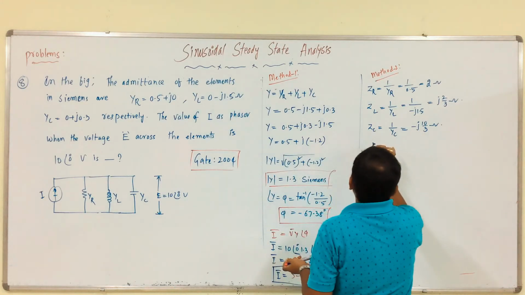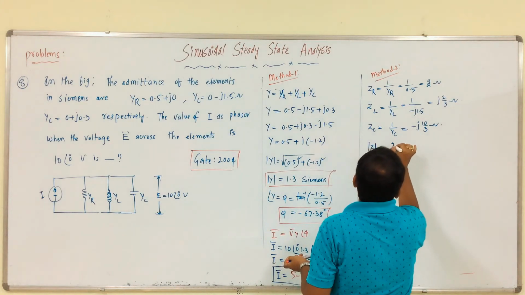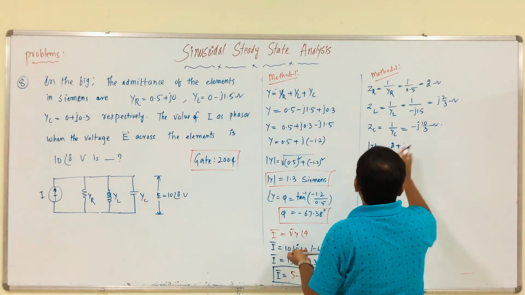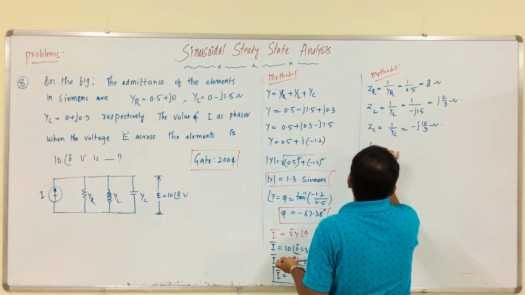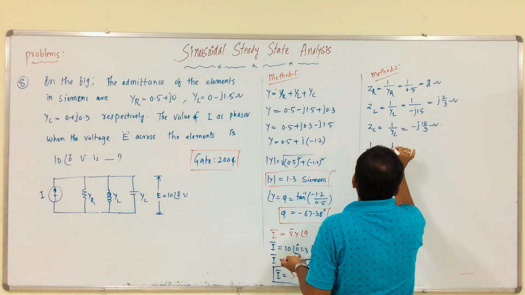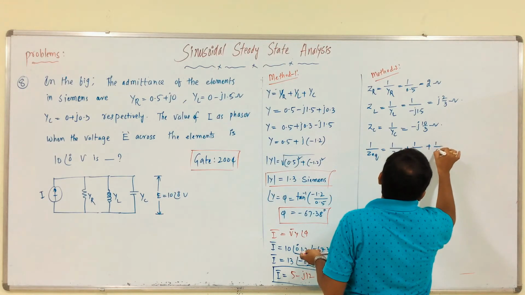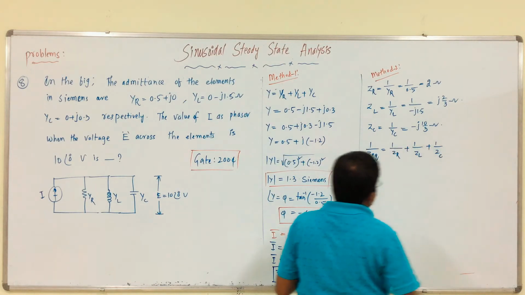From this, mod Z is what? You can calculate. These three are connected in parallel. Therefore, 1 by Z equivalent is equal to 1 by ZR plus 1 by ZL plus 1 by ZC, right?